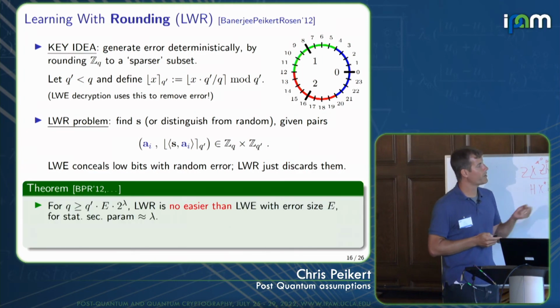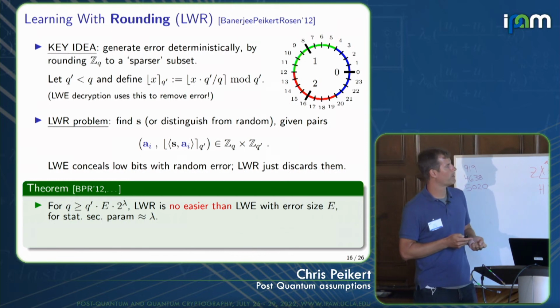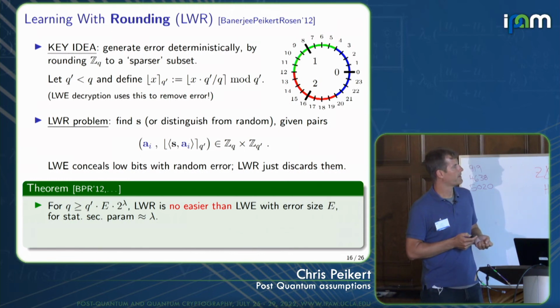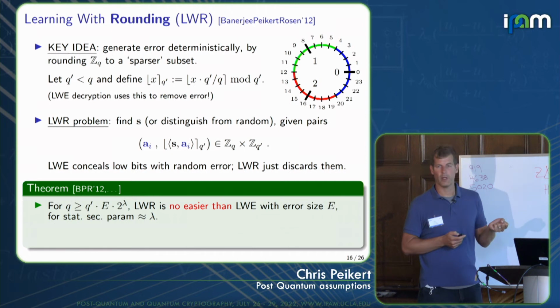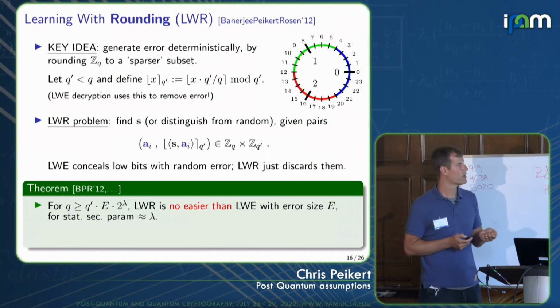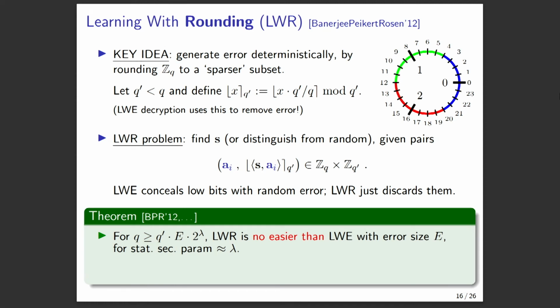So one theorem that we did show in the initial work here is that LWR is at least as hard as LWE, no easier, but with some pretty poor parameters, some not very realistic parameters.